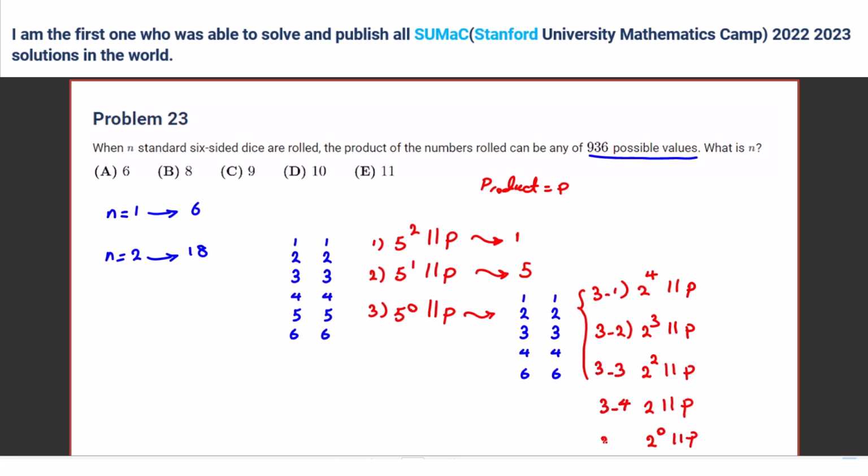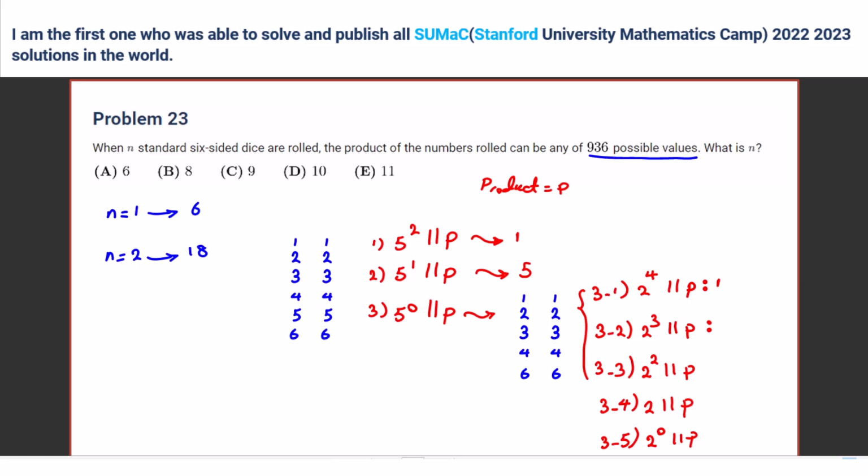3 to the 4, 3 to the 5, 3, 5. Okay, what about case 1? How many cases do we have? 1. What about this case? 2. What are the two cases? There's 2 cases.